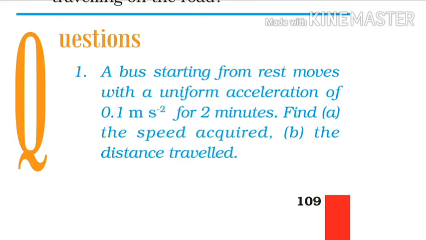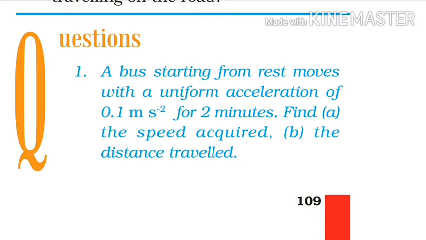A bus starting from rest moves with a uniform acceleration of 0.1 meter per second square for 2 minutes. Here the bus is starting from rest, so the initial speed of the bus is 0 meter per second, the acceleration acting on the bus is 0.1 meter per second square, and the time for which the acceleration acts is 2 minutes, that is 120 seconds.